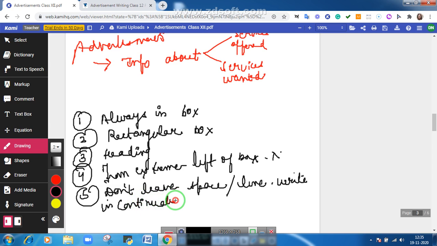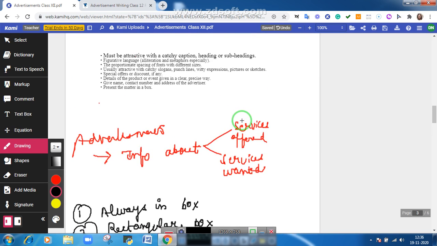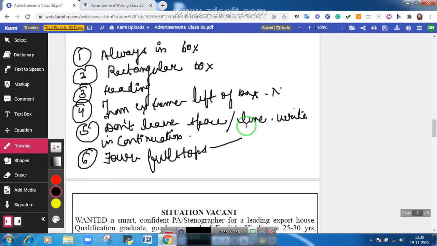Now there is a trick of remembering where you have to write what. I have always told my students, make sure that you include 4 full stops. Now where are those 4 full stops? The first full stop comes after you have given what you are offering.